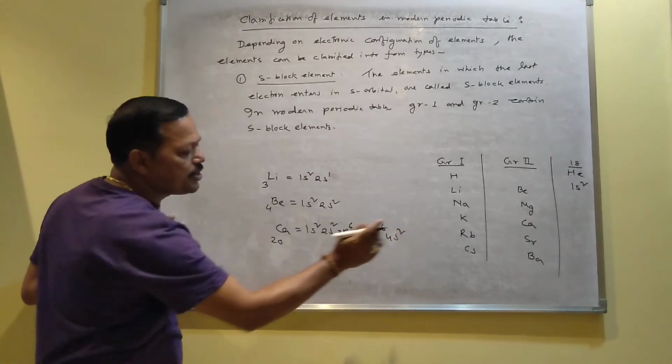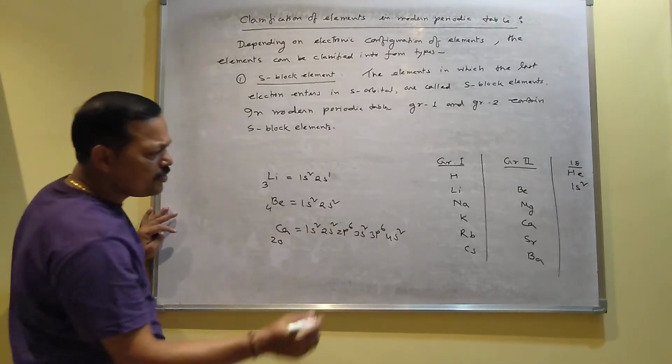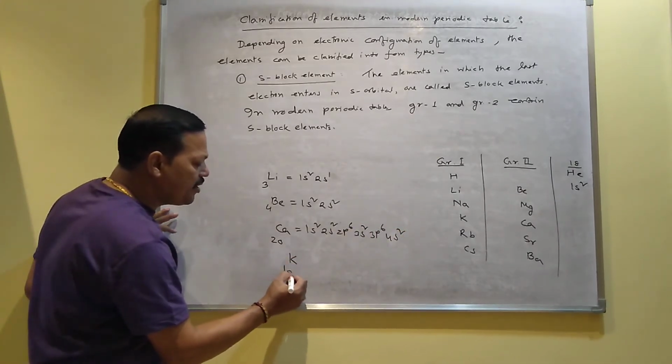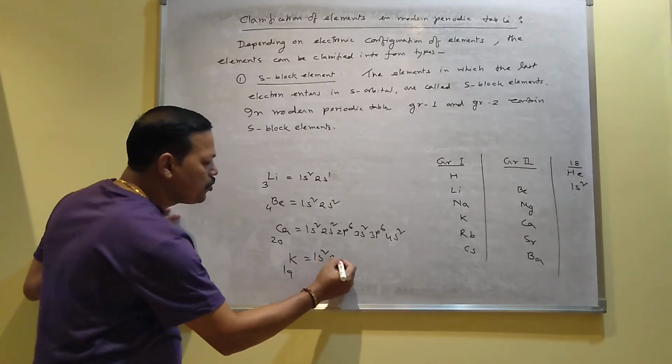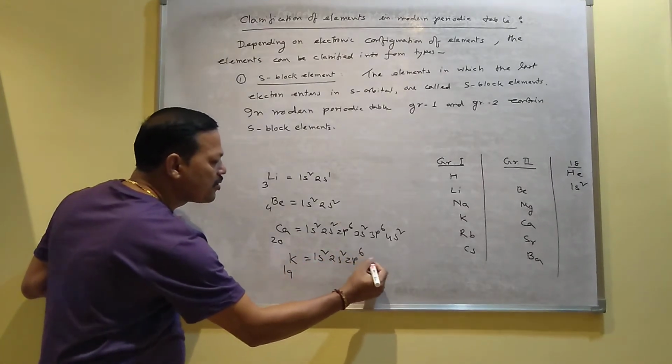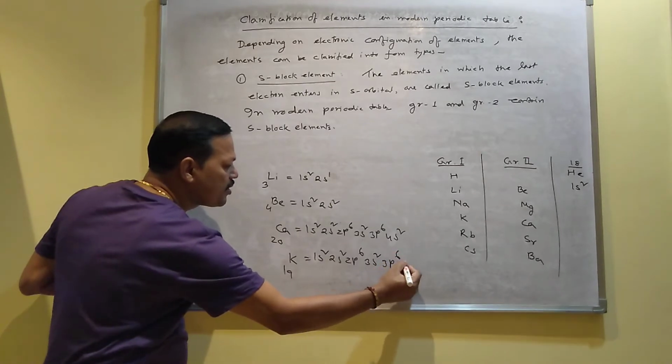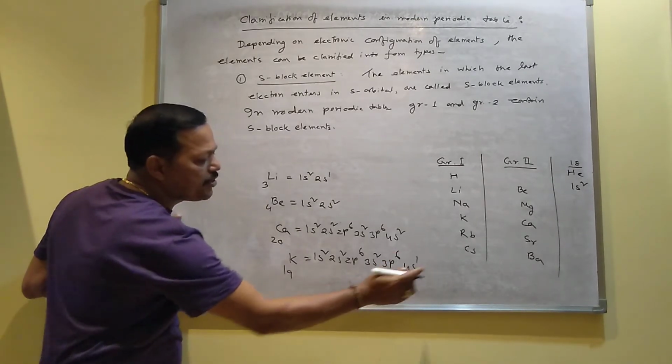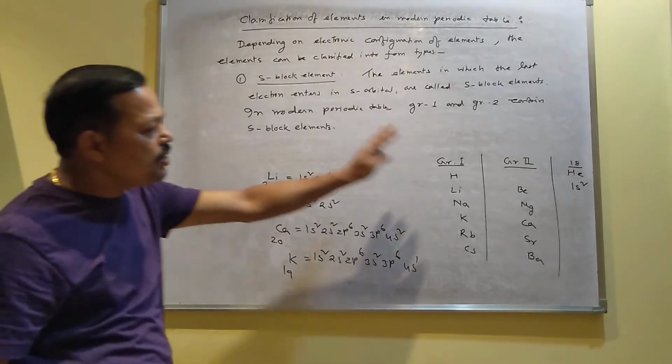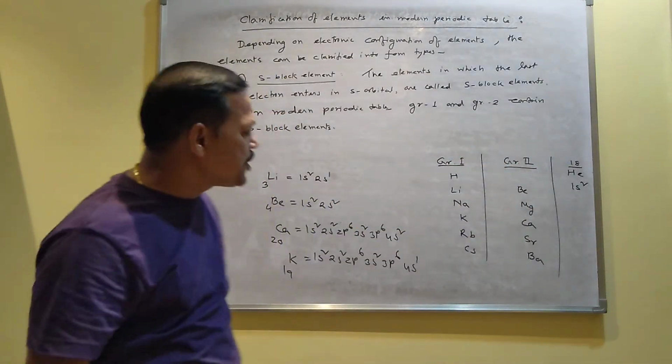Here also the last electron is present in S. For potassium, 19: 1s2, 2s2, 2p6, 3s2, 3p6, 4s1. Here also the last electron is present in S. That's why all these elements belong to S block.